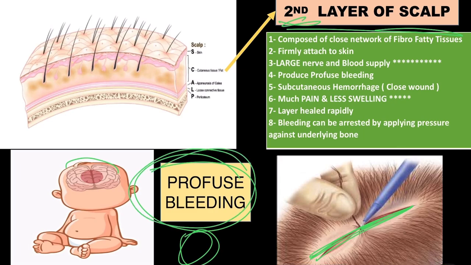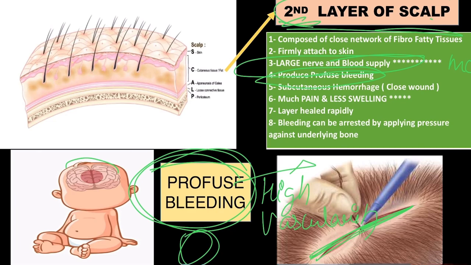When we talk about profuse bleeding, the important thing to remember is that it is due to high vascularity. Why high vascularity? Because large nerves and blood supply are present in our second layer. It comes in the MCQ very easily.